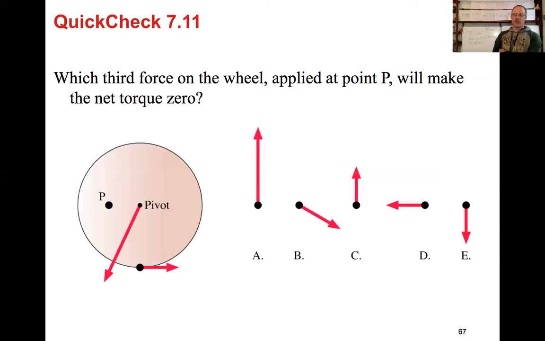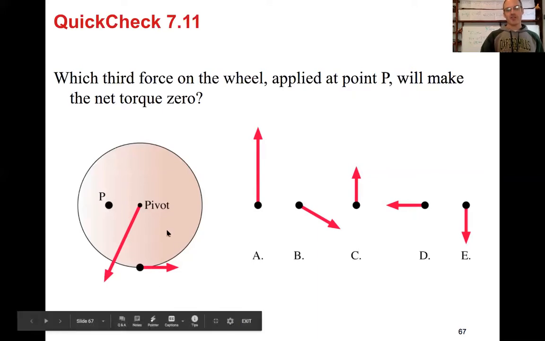So here we have a system. We have a pivot. We have a point P. And we're trying to roughly guesstimate what kind of force we would need to apply at point P to basically get our net torque down to 0. All right, so we have our pivot. We have this other force here at the bottom. What would be the opposite of these two, but equal to these two?